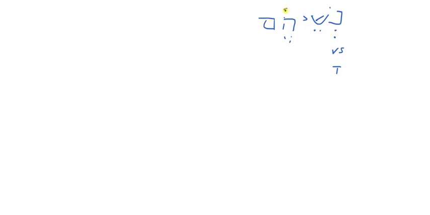It's on the end. So the stress is way over here. So that's tonic. She is pre-tonic. The na would have been open and propretonic, and Hebrew will reduce that to what? To a vocal shva. Okay, so that's why we have neshehem. Neshehem. Can you still tell that this is nashim? If you know the word nashim, you should see that element here. Can you tell it's plural? Yep, you see the yod there before the pronoun. That's the 3M piece. So that's their wives. Okay, they have multiple wives.